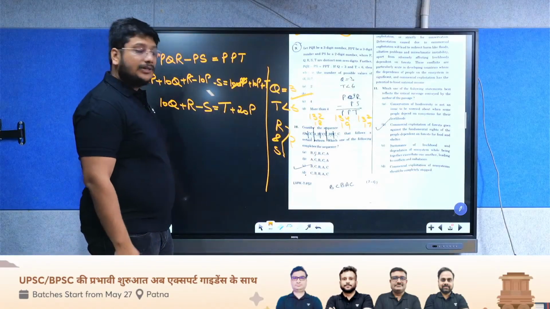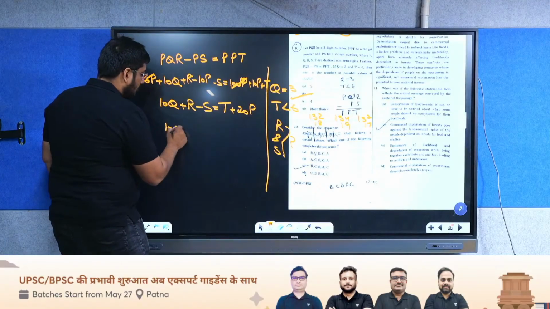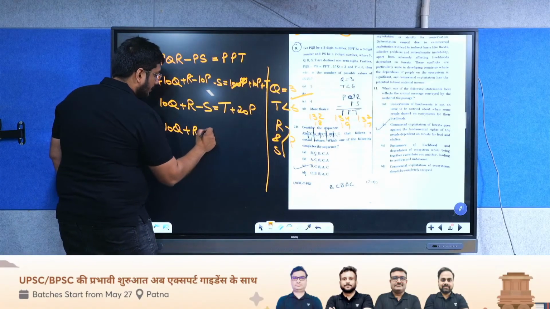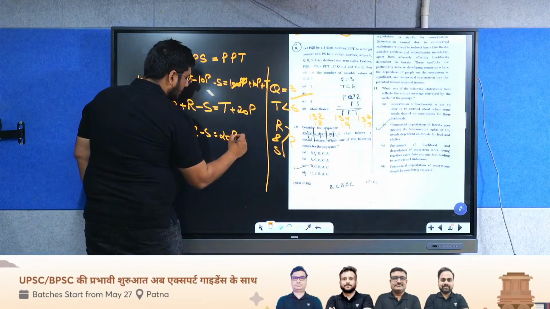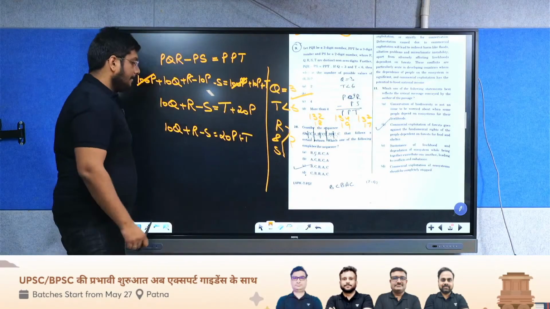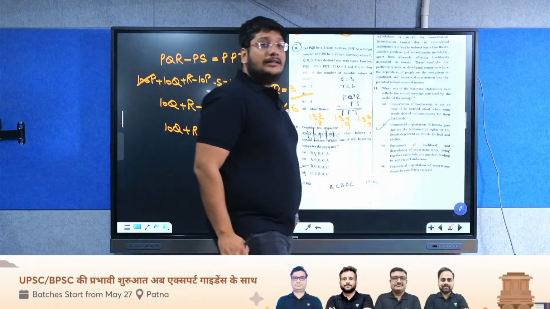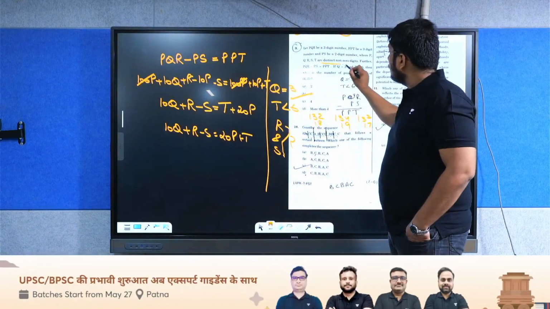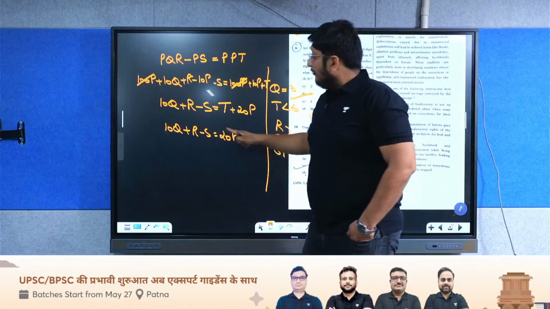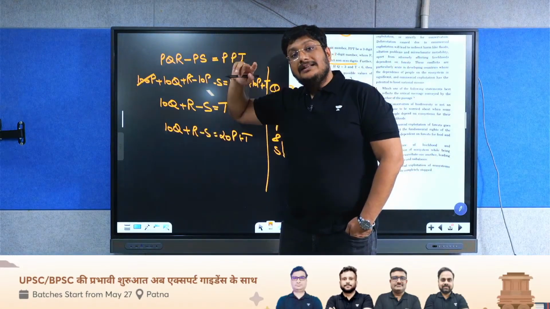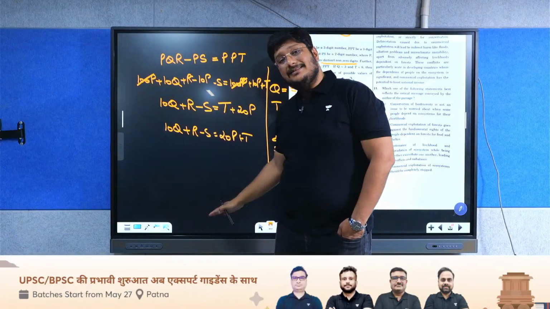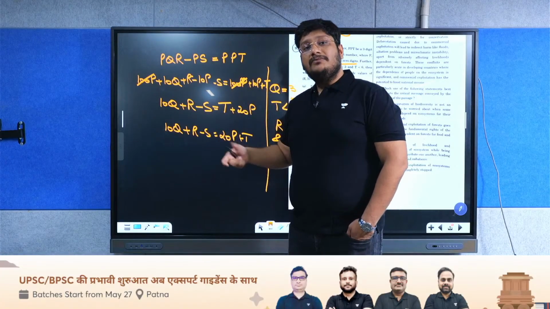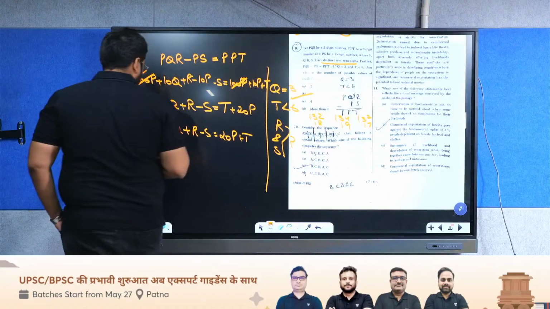Correct? This is the equation I'm getting. Now see, 10Q plus R minus S is equal to 20P plus T. Now all are distinct, non-zero digits. If R is maximum, R is 9, S is least, S is 1, the maximum value of R minus S can be 8.